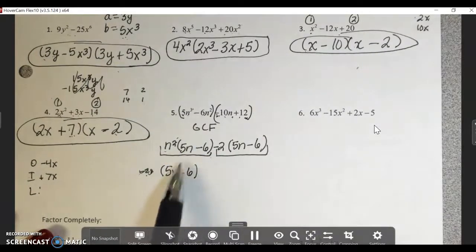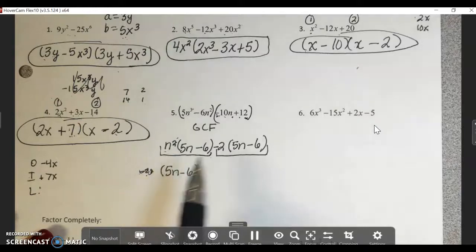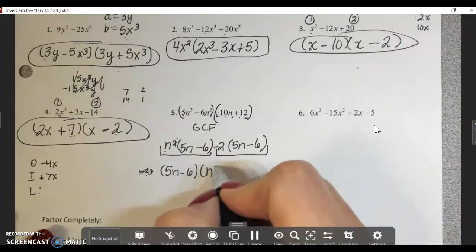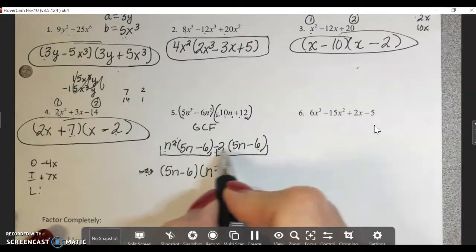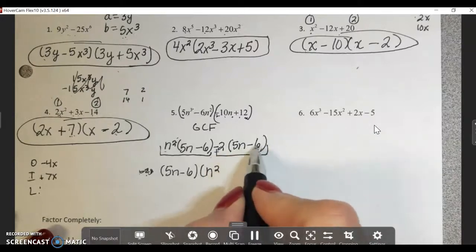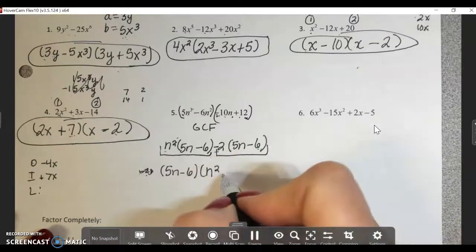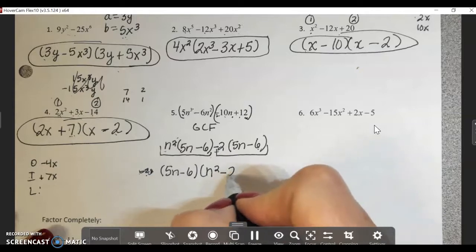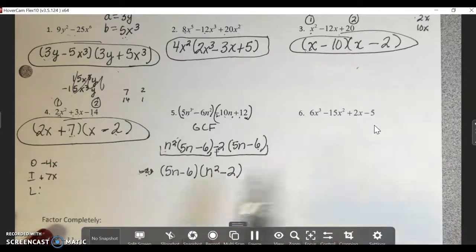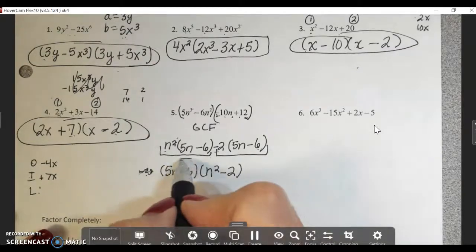If I factor a 5n minus 6 out of this term, what am I left with? N squared. Now I look at this term. If I factor a 5n minus 6 out of this term, what am I left with? Negative 2. And then I would check to see if I can factor any further. And I cannot. So I'm finished.